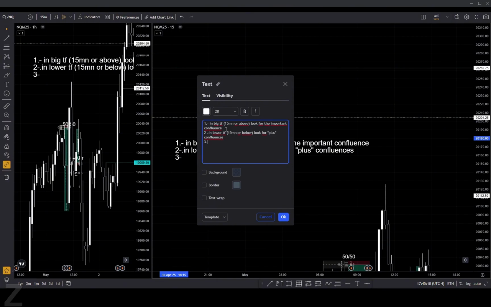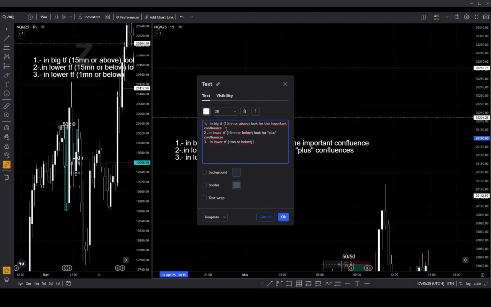The third step is in lower time frame, 1 minute or below. I don't trade the five minute time frame or anything else. I just trade 1 minute, 15 seconds, 5 seconds or 1 second time frame.